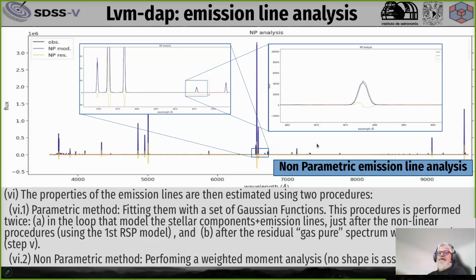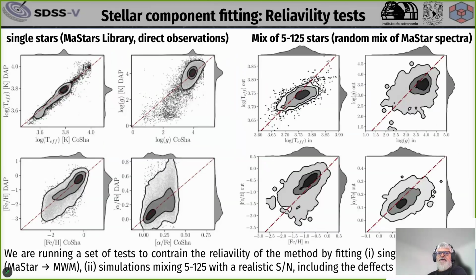Of course, we have run a lot of extensive tests of how we recover the parameters for single stars. This is on the left side, in the case that the spectrum in the aperture you are sampling is dominated by a single star.